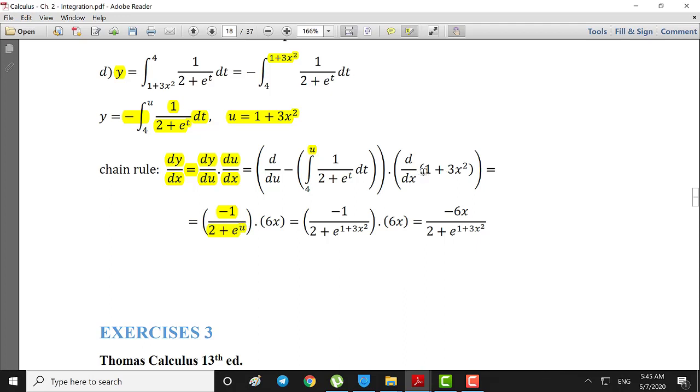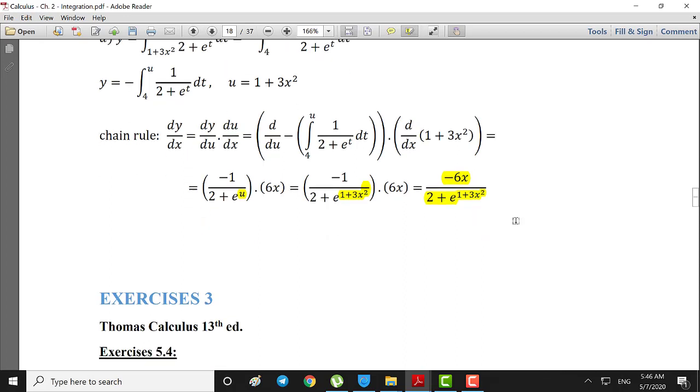And d over dx of 1 plus 3x² is equal to 6x, right? Now, the only thing that is left is to replace this u with its equivalent depending on x, which is 1 plus 3x². We do that because we want the result of our differentiation to only depend on x. So the final result is minus 6x over 2 plus e to the 1 plus 3x².